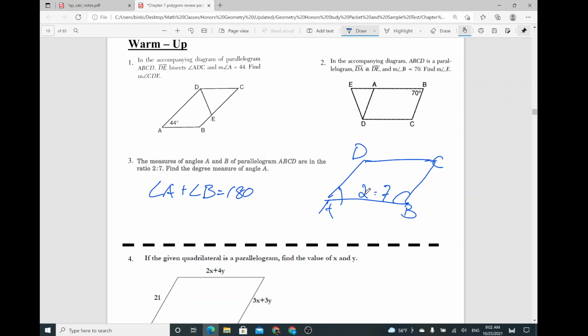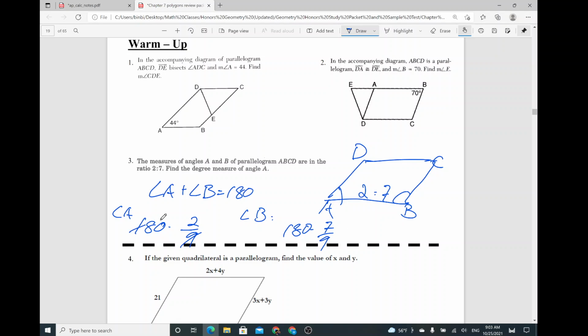So the total ratio here is 9. In order to get angle A, that would be 180 times 2 over 9. And in order to get angle B, using ratio and proportionality, 180 times 7 over 9.